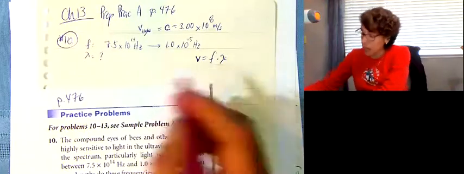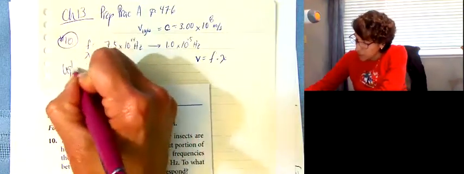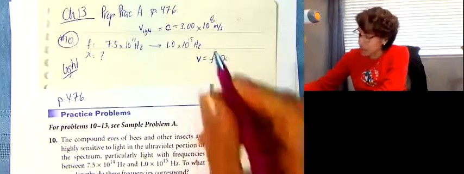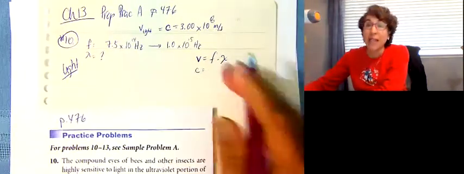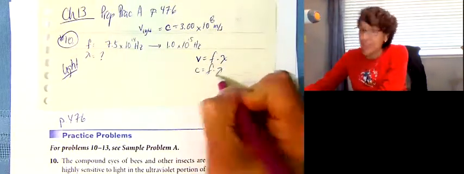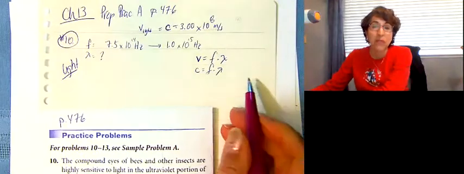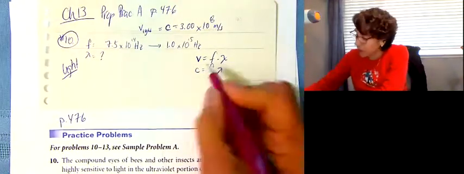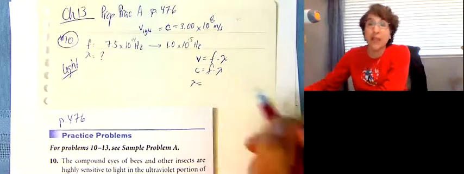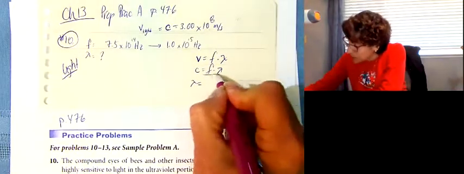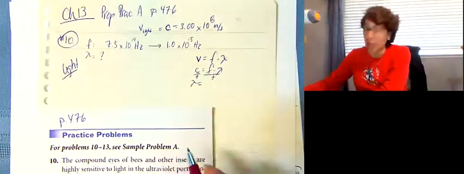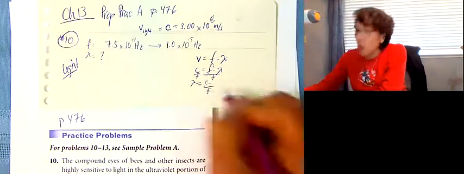Now we're talking about light, which is super fast. So the speed of light is equal to the frequency times the wavelength. They gave us the frequency. All we want to know is the wavelength, so we divide both sides by the frequency and get c over the frequency.